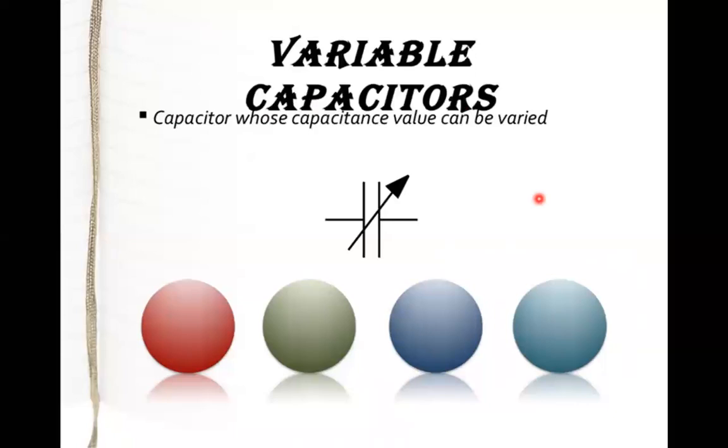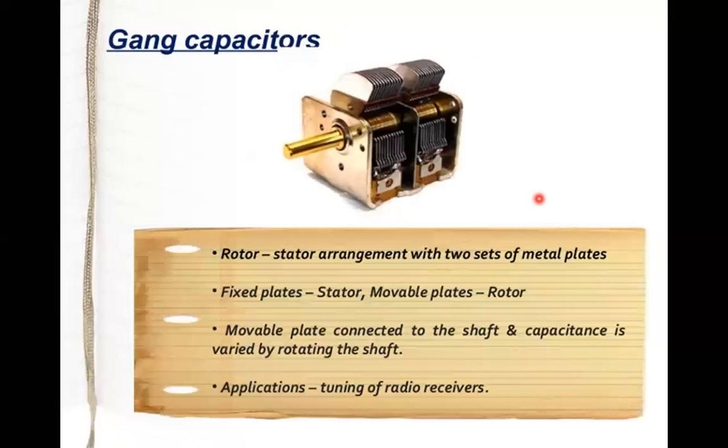Now the variable capacitor. A capacitor whose capacitance value can be varied. If you have an option to change the value of the capacitor, then that particular capacitor is called a variable capacitor. An example of variable capacitors is gang capacitors. These are a rotor stator arrangement with two sets of metal plates.